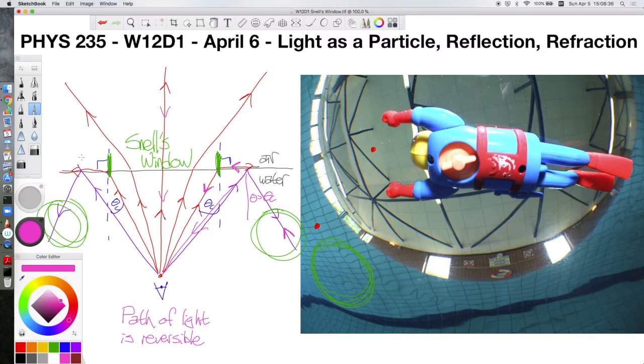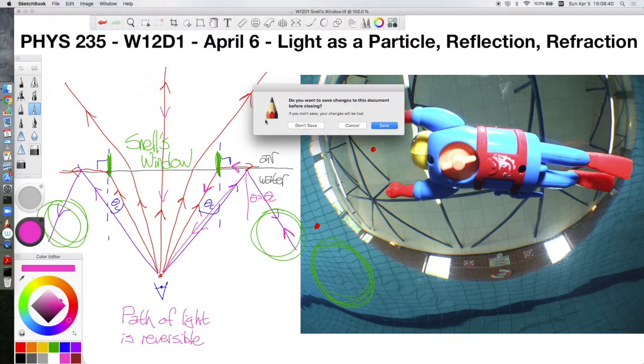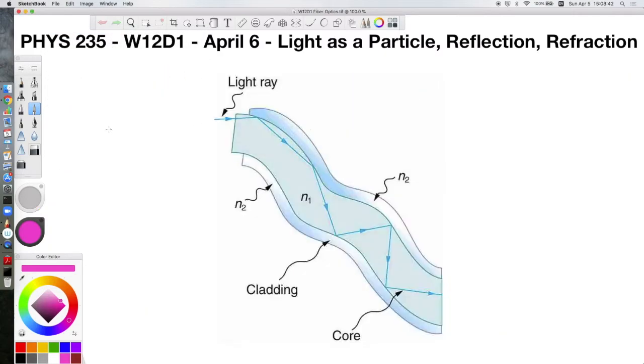The other useful application of total internal reflection is fiber optics. Fiber optics are one of the ways that we can transmit data other than electricity, and a fiber optic cable consists of two components. The center, called the core, and a bit along the edge called the cladding.